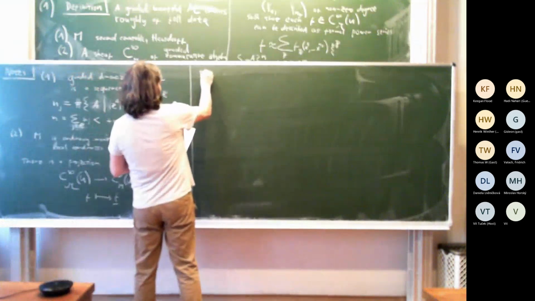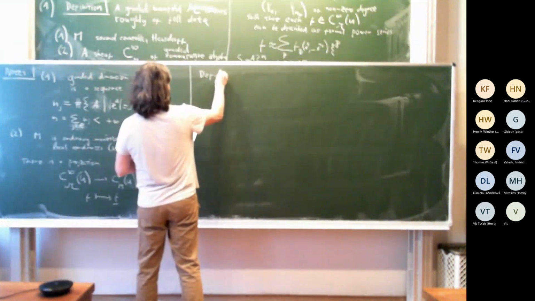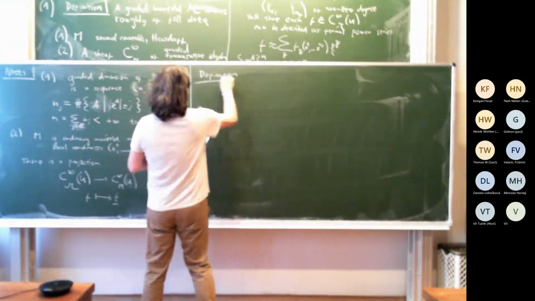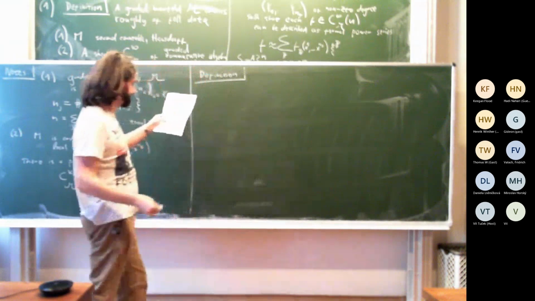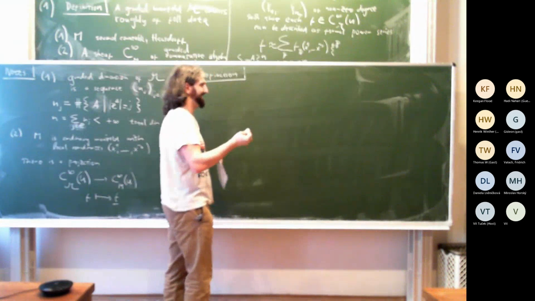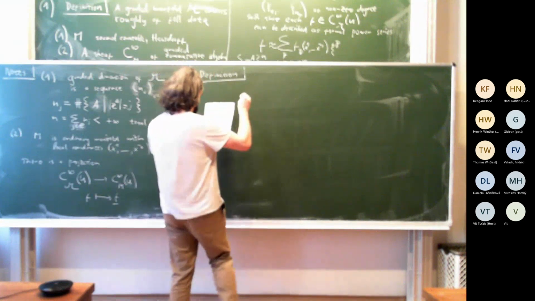And so I can now define what is a graded vector bundle. I will say it quickly and then describe for 20 minutes what it is.